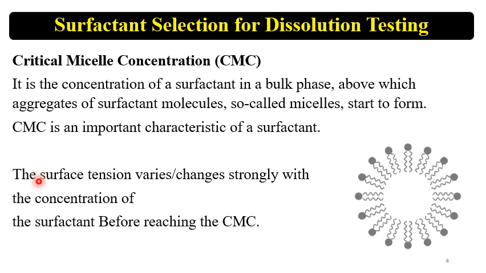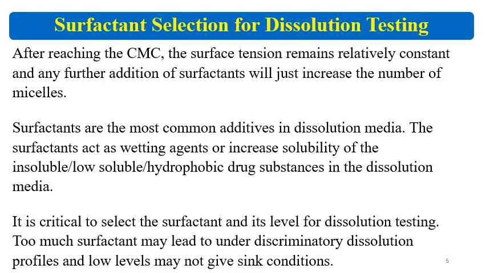You go on adding the surfactant, and once it reaches the CMC level, these micelles will form. Before reaching the critical micelle concentration, the surface tension will change strongly, and once the CMC is reached, the surface tension will be relatively constant and will not change much, and any further addition of the surfactant will just increase the number of micelles.